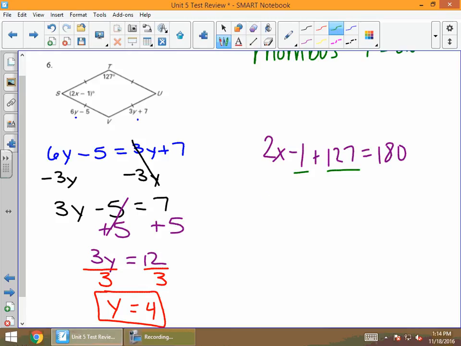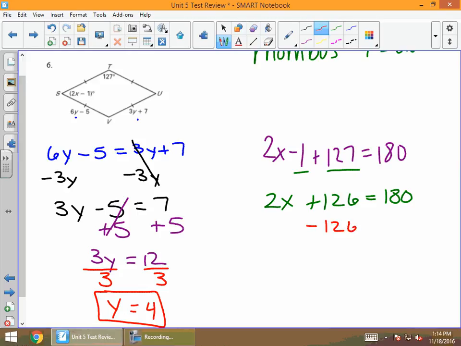Combine your like terms. When we combine our like terms, what do we get? What do we get when we combine like terms, negative 1 plus 127? That's it, 126. Yeah, you can continue to get x by itself.